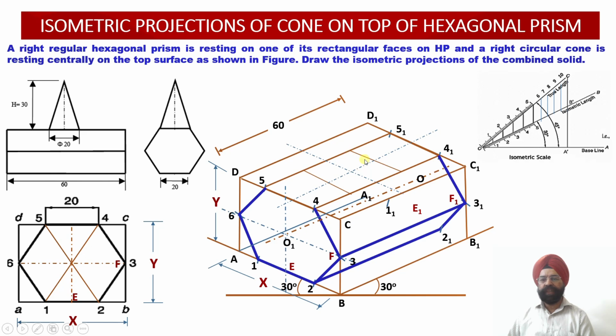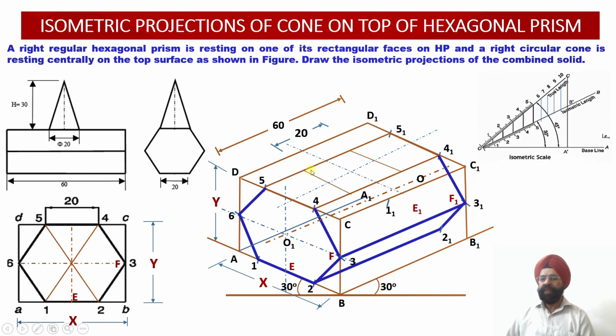Now you can check, this is my 20 millimeter total length, and since this is also 20, this is also 20, this distance is already 20, which was given to us in the form of the edge of this hexagonal prism, and this distance I have marked as 20 millimeter. So what I have obtained, please check, is a square which I have drawn on the top of this hexagonal prism.